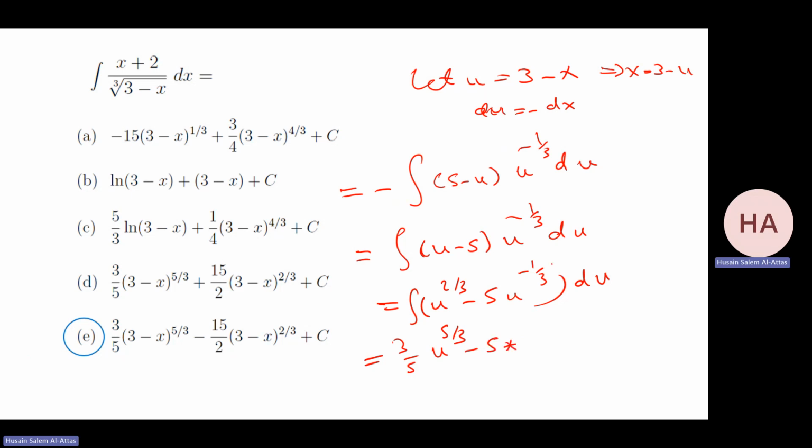Then minus 5 times, you add 1, that will be 2 over 3, so times 3 over 2, u to the power 2 over 3, plus c. So it seems to be 3 over 5 times 3 minus x to the power 5 over 3 minus 15 over 2 times 3 minus x to the power 2 over 3 plus c. So this is the answer.